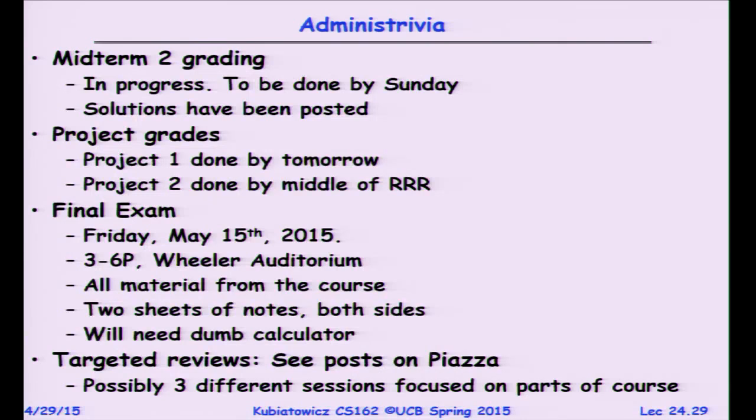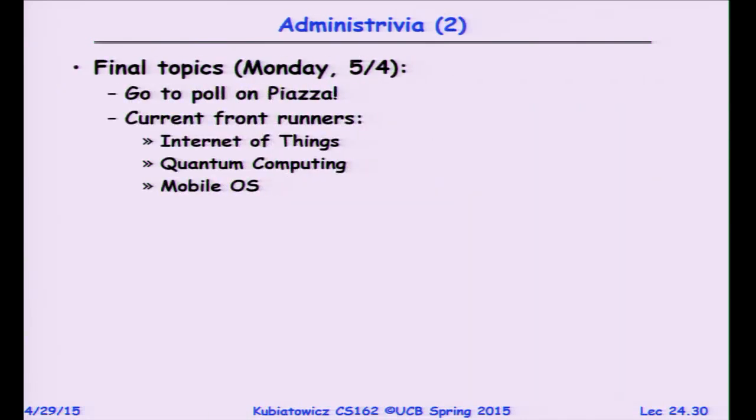Good. And then Monday is the freebie lecture. There's no final implications for this, in the sense that none of the materials I talk about will be on the final. There's a poll on Piazza. How many people have seen the poll? Okay, if you haven't, you should take a look. If you haven't voted, you should. Right now, the front runners seem to be Internet of Things and quantum computing as the top 2, with a close second for mobile OS.